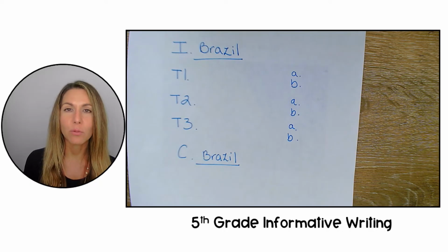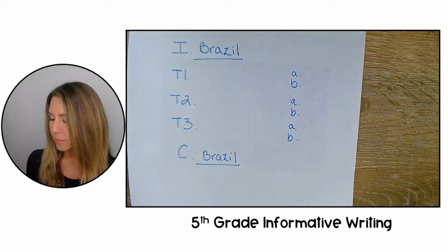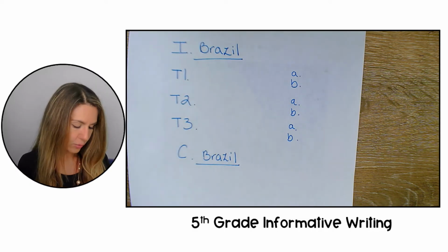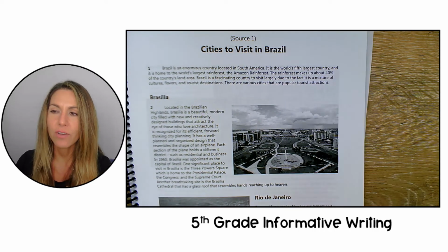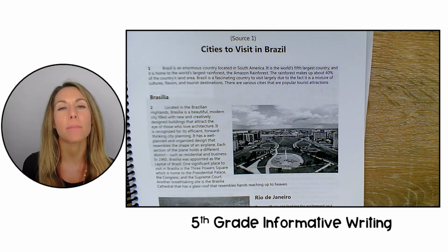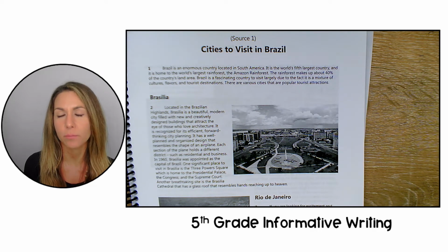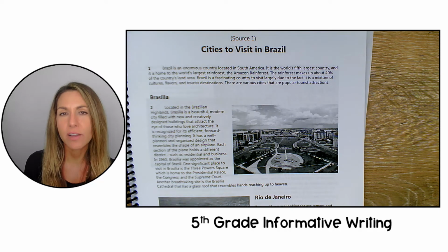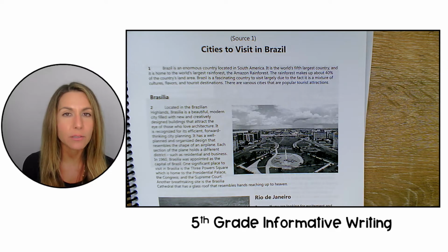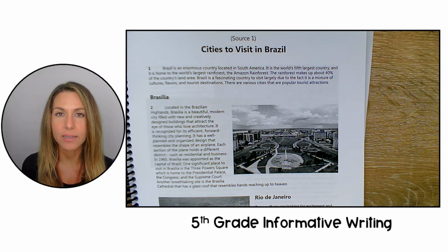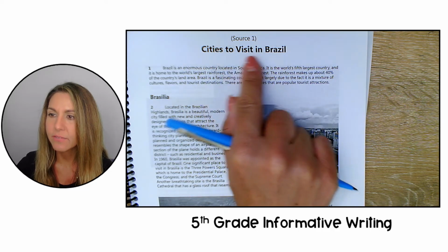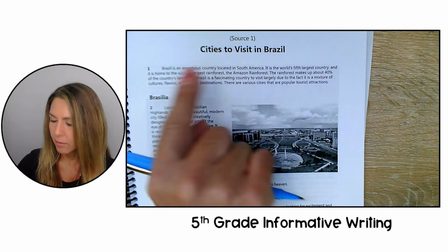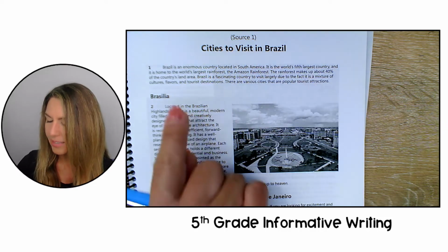So we know that this whole essay we're going to write is going to be about Brazil. So now I need to go to my passages and find three big topics that I have a lot to write about. In order to find my topics, I'm going to use my titles and my headings for ideas. The title for source 1 says cities to visit in Brazil. There's a little information about that, like an introduction.